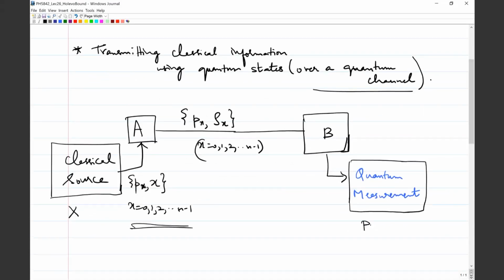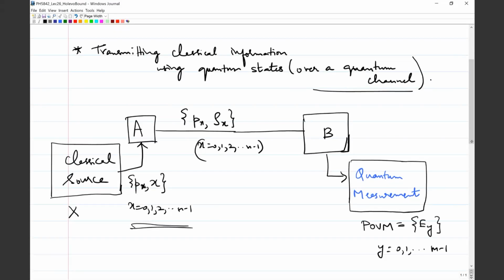So let's say that this is a POVM with elements E_y, and let's say y goes from 0 to m minus 1. M need not be the same as n in general, right?